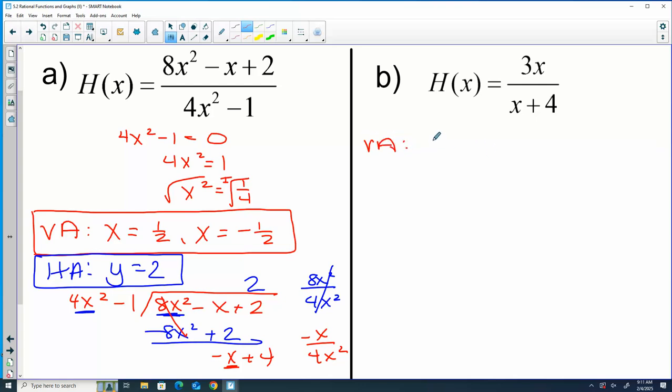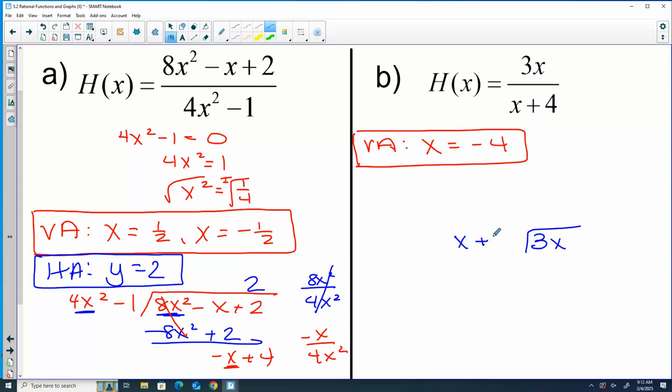So to write it, we always do the equation, so we will say x equals negative 4, because that's what makes the denominator 0. Okay, to decide horizontal or oblique, it's basically setting up a division. You have the top divided by the bottom. What is 3x divided by x? 3.